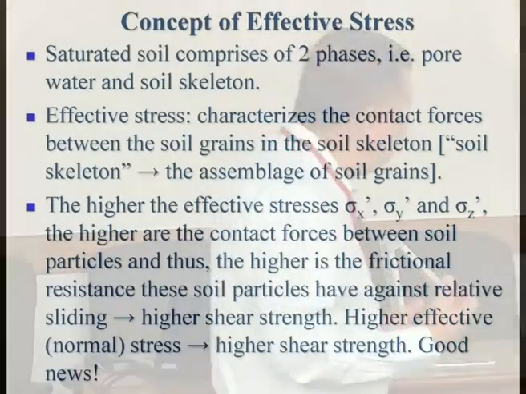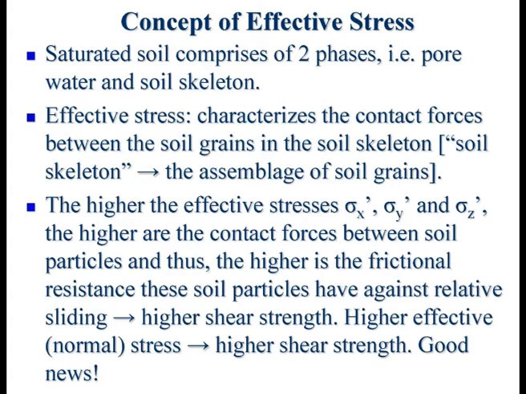So as a result, I thought maybe I want to spend some time. And there are some nice implications coming out of thinking about effective stress, especially for the undrained problems. And we all know that saturated soil consists of two phases. You have pore water and soil skeleton.